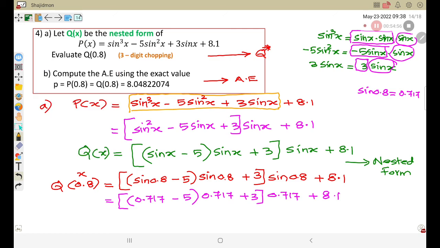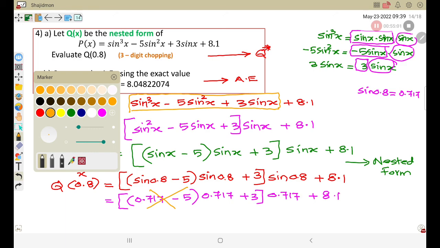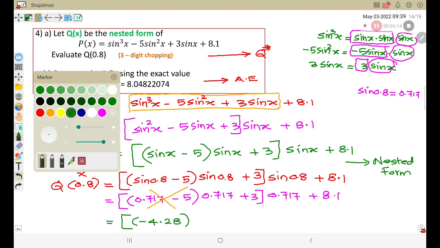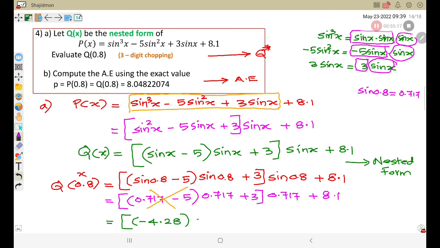Now we start the calculation, one step, one calculation. First, 0.717 minus 5, you will get minus 4.28. All other terms we write the same: multiply 0.717 plus 3 multiply 0.717 plus 8.1.